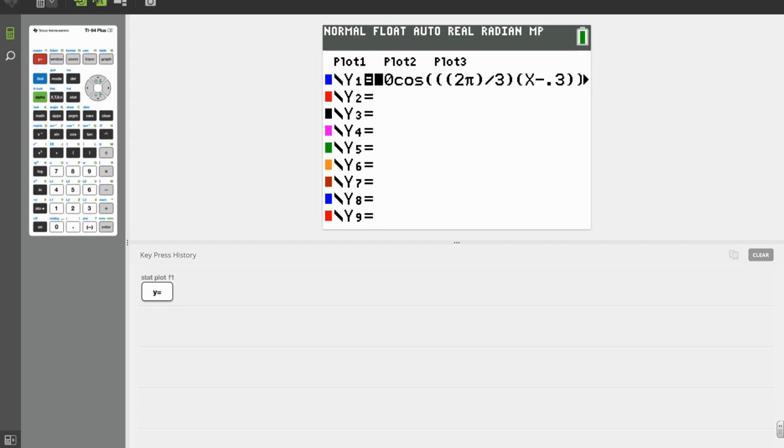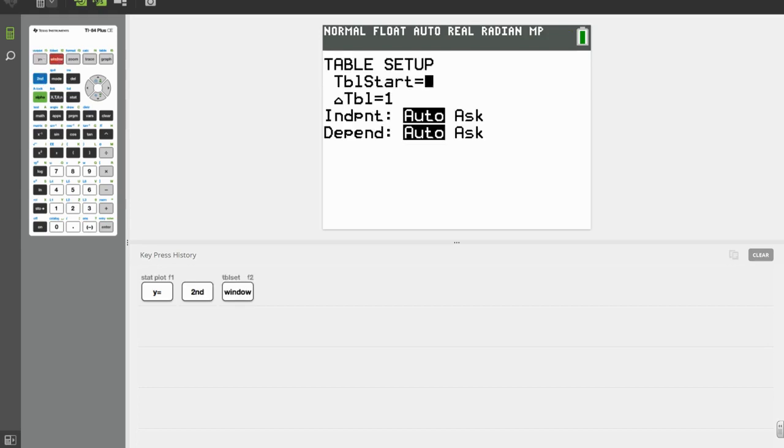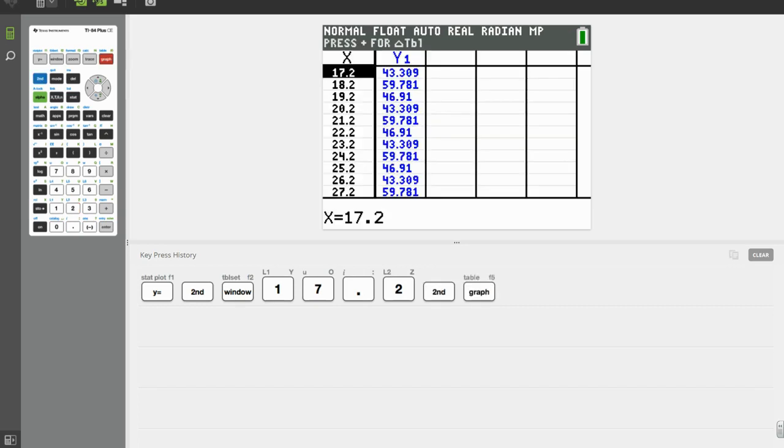I want to look at my table, but I want to make sure my table is set to the value that I need. So I'm going to go to second window, which gives me table set. And I just want to start my table right at the value I'm going to be looking for, 17.2. We'll go to table, second graph. And at 17.2, I get 43.3 centimeters.